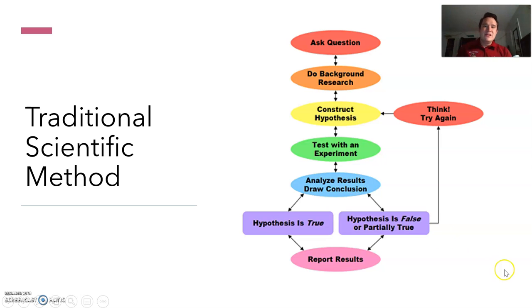Now, if your hypothesis is true, you're going to report those results. If your hypothesis is false or partially true, you're still going to report those results. It's okay if your hypothesis is wrong. Tons of inventions have been created because they found ways to not make things.